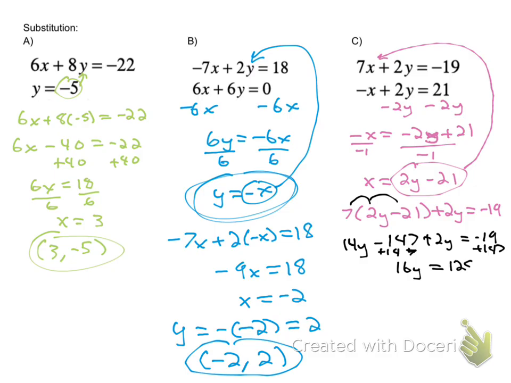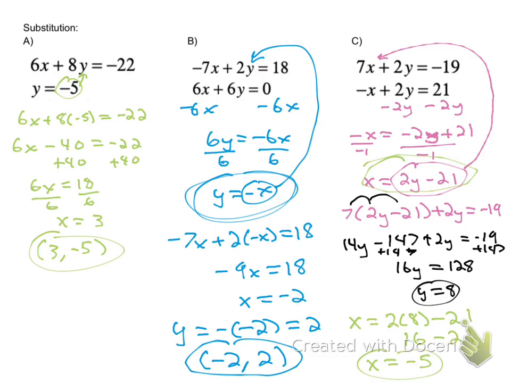It's 128. Divide that by 16. We get 8. Plug that back in. I'm going to plug it in right here where I've isolated the x. That'll be x equals 2 times 8 minus 21, which will be 16 minus 21, which will be -5. So that answer is -5, 8.